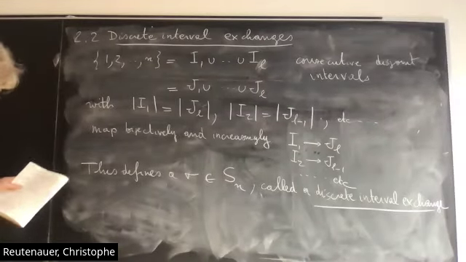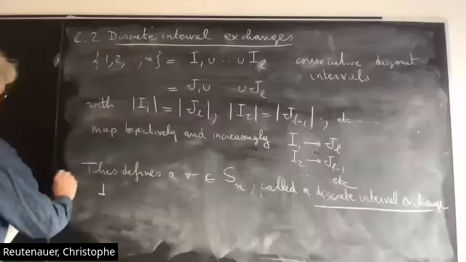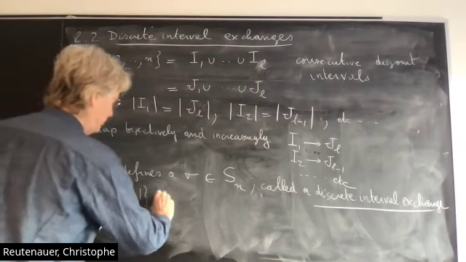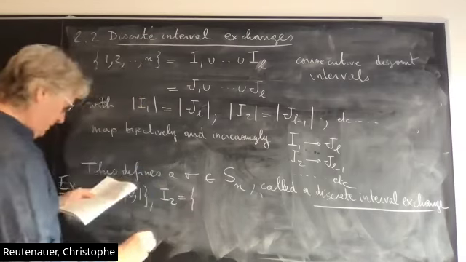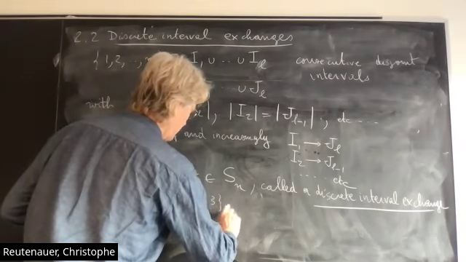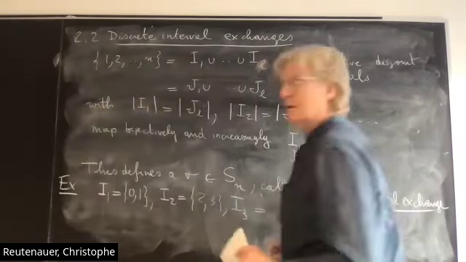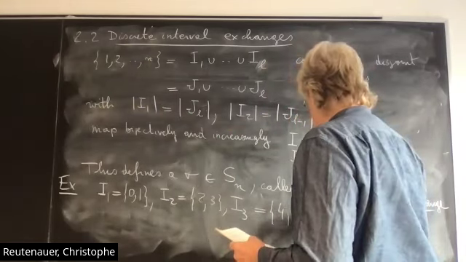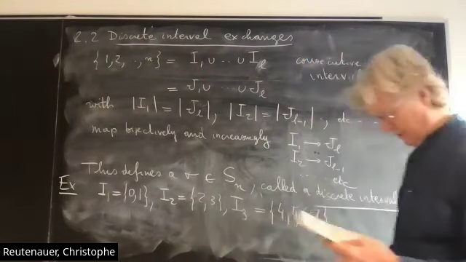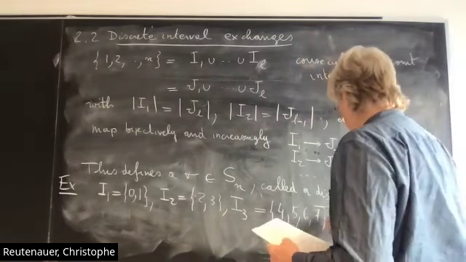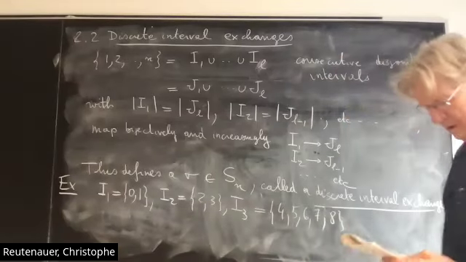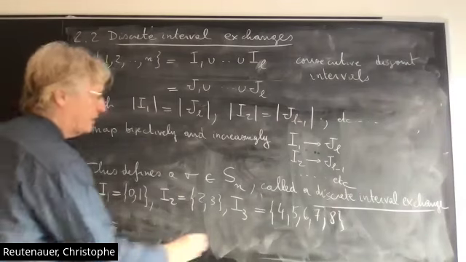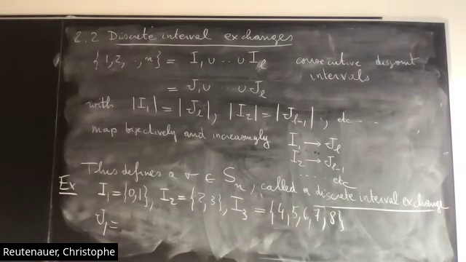Let me take an example. I1 equals 0, 1. I2 equals 2, 3. I3 is equal to 4, 5, 6, 7, and 8. And J1 must be of the same cardinality as the last one, so cardinality 5.